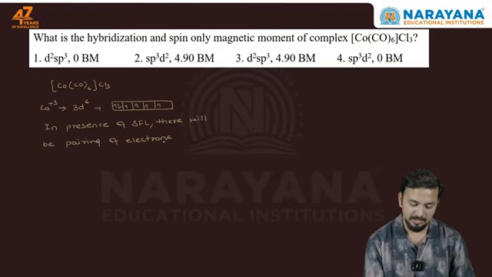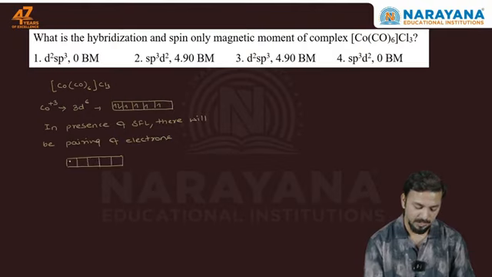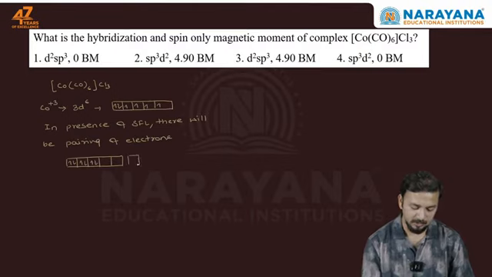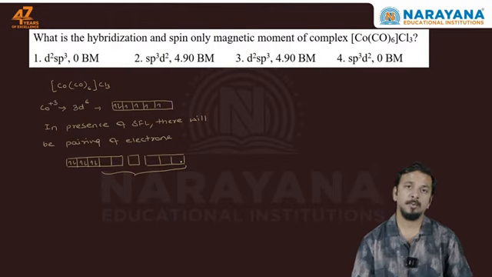So if electrons are getting paired, it will be converted to, if we draw the box diagram, Co+3 will have 1, 2, 3, 4, 5, 6. These 2 d orbitals will be vacant, one s is vacant, and p orbitals will also be vacant. So these 6 orbitals will undergo hybridization.